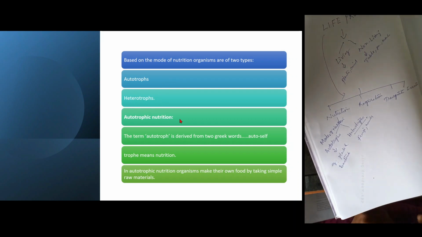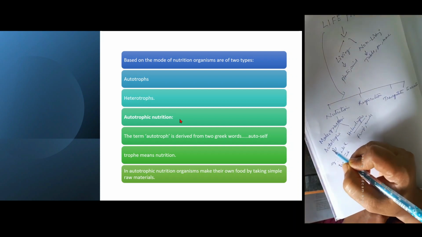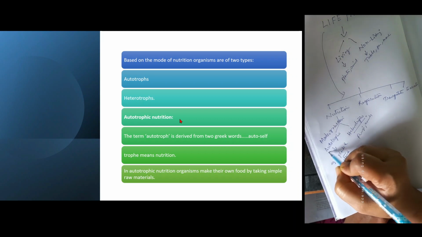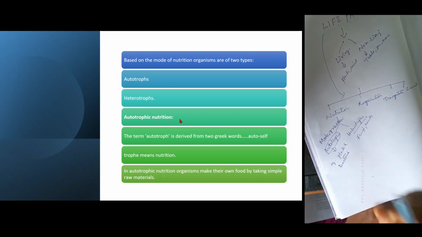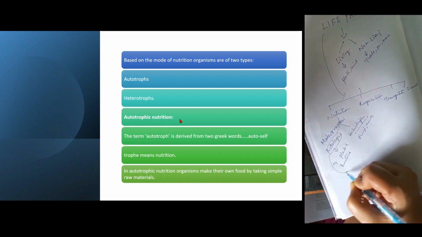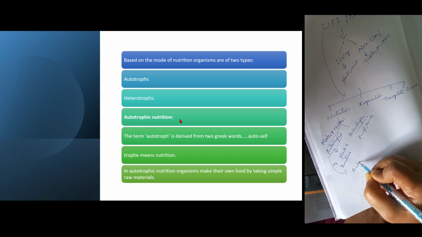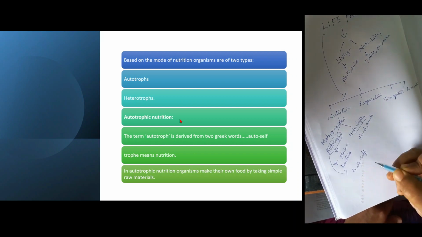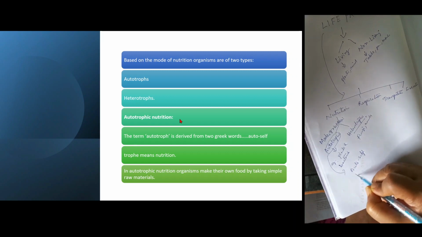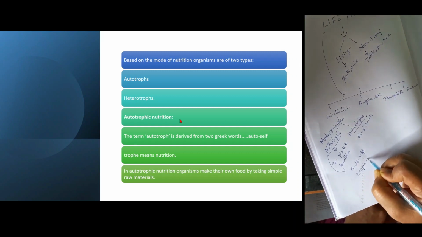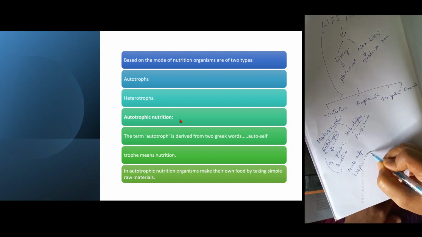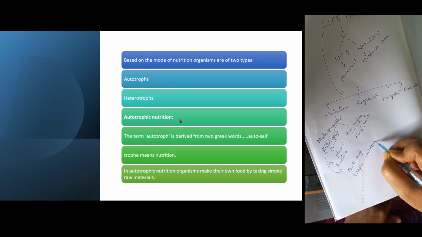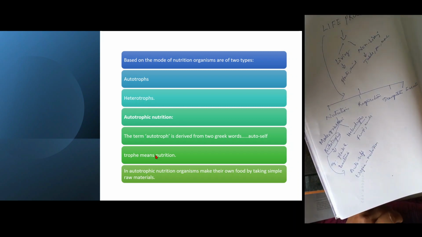Autotrophic nutrition. The term autotroph is derived from two Greek words. Auto means self and trophy means nutrition.